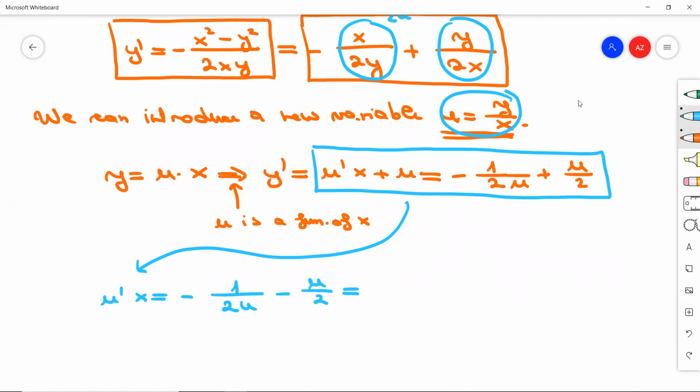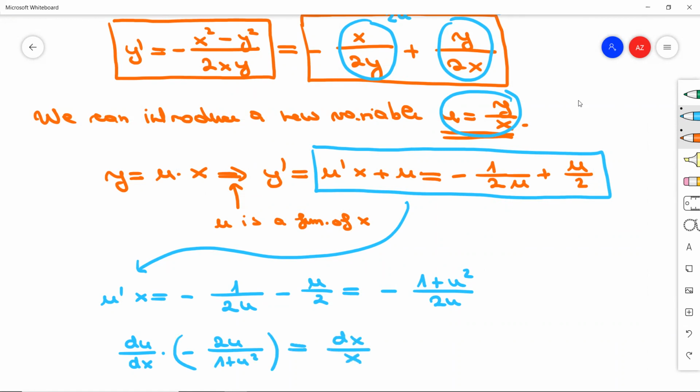And if I continue, I get minus 1 plus u squared over 2u. So I put everything on the common denominator. And I can separate variables. So du over dx times minus 2u over 1 plus u squared is equal to dx over x.